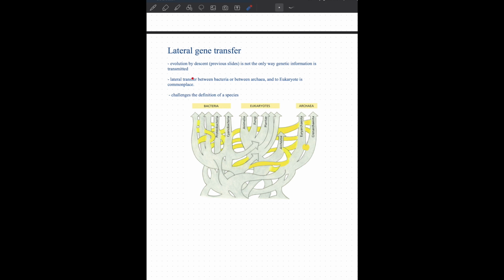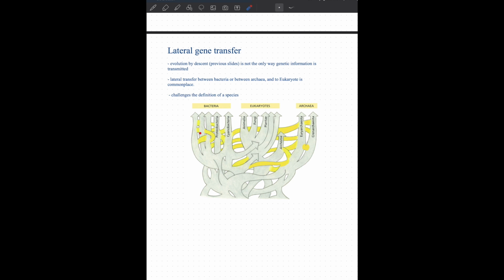So, in fact, the definition of species in bacteria and archaea can be quite challenging because they pass so much information laterally, lateral gene transfer. Basically, two organisms living in close proximity, maybe even being engulfed by the other organism, or in some kind of endosymbiotic or ectosymbiotic relationship, might pass genetic material, including genes, and that's been well documented.